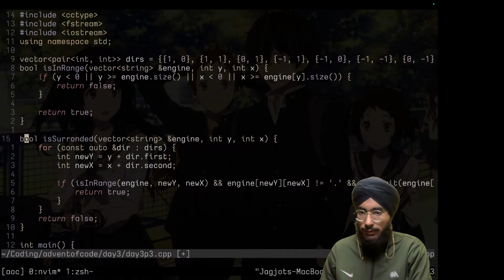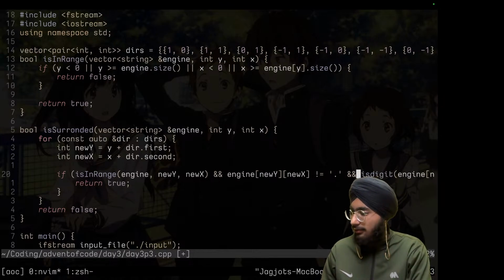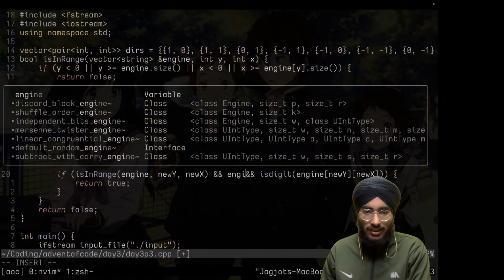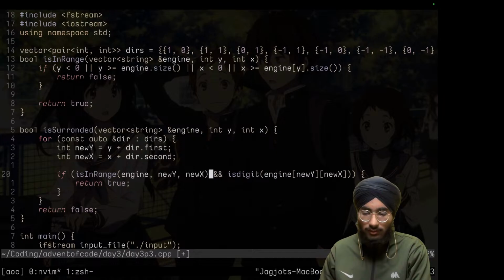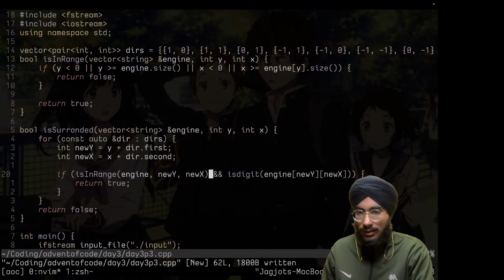Is surrounded is perfectly fine. Is in range, and we need to modify this. Is not star and is digit, right? And just is digit is fine. If it is in range and it is a digit, then return true.